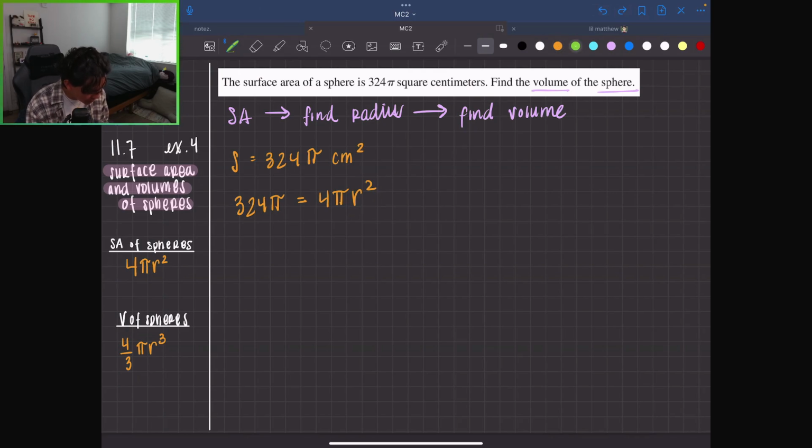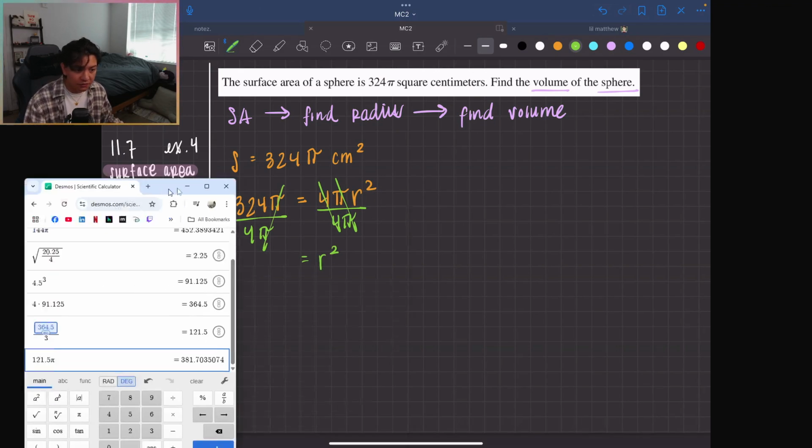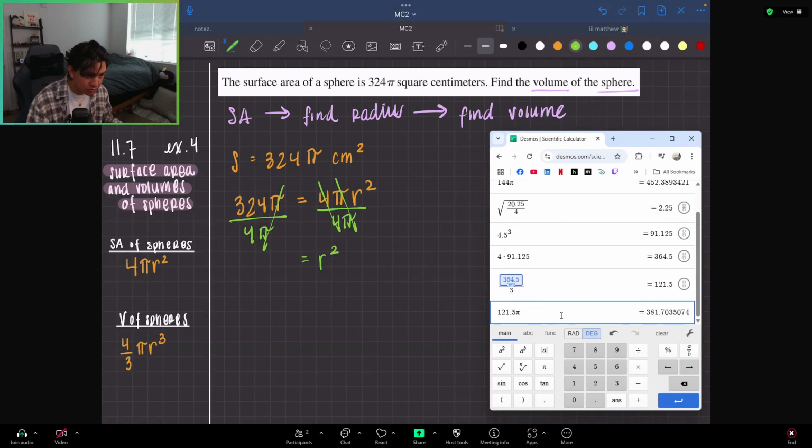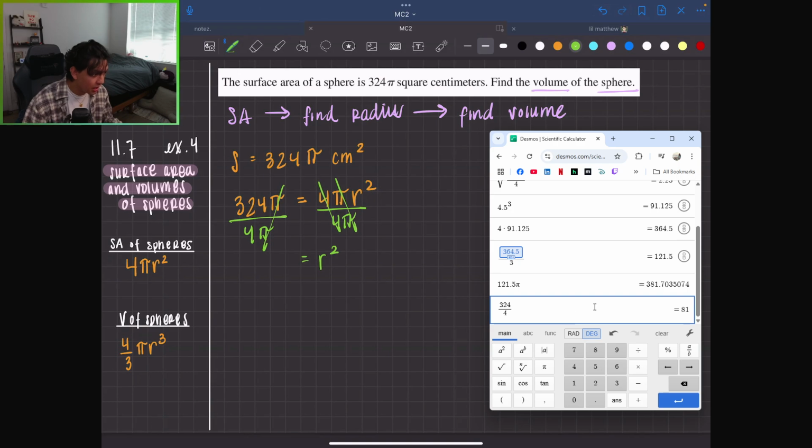When we isolate the variable r, I'm going to divide both sides by 4 pi. Again, the 4s are gone, the pi's are gone on the right side, they equal 1. So we're left with r squared equals, the pi's are gone too. Can 4 go into 324? So 324 divided by 4, it can, so 81.